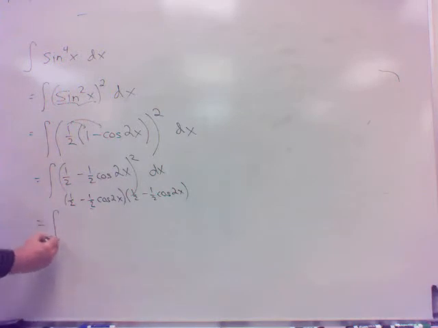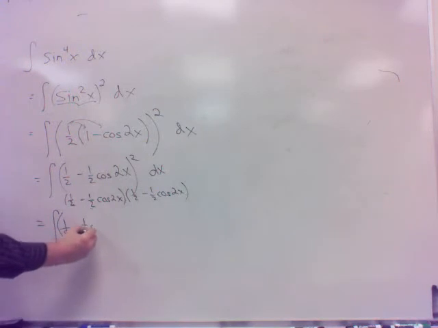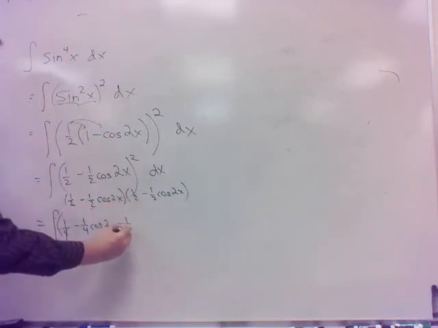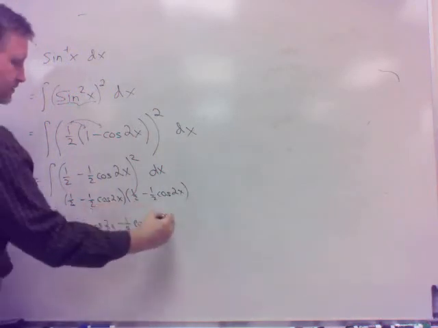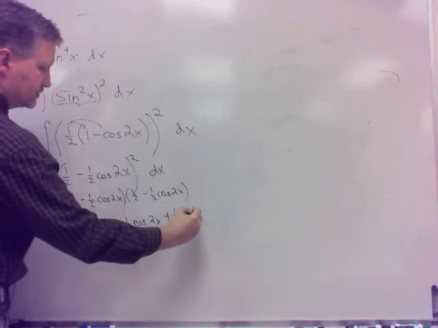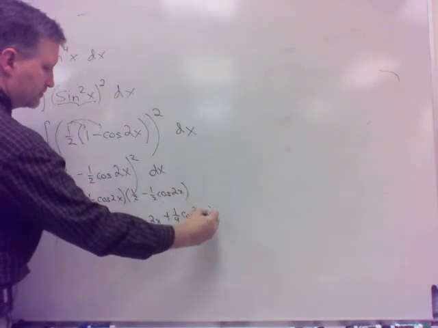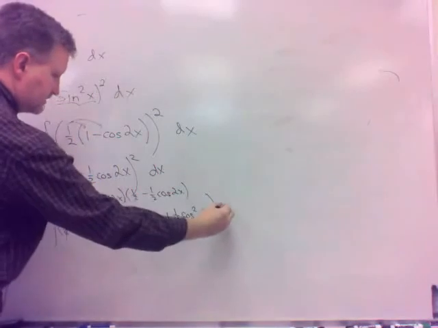And so that's going to be the integral of 1/4 minus 1/4 cosine 2x minus 1/4 cosine 2x and plus 1/4 cosine squared 2x dx.